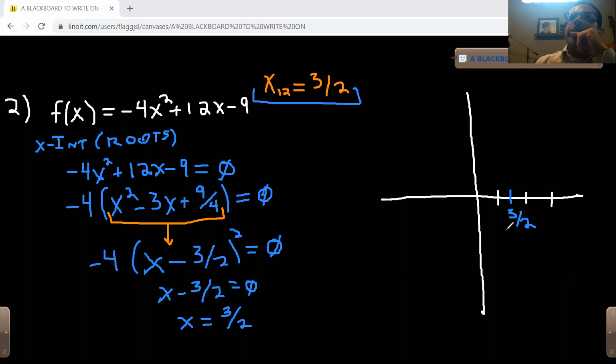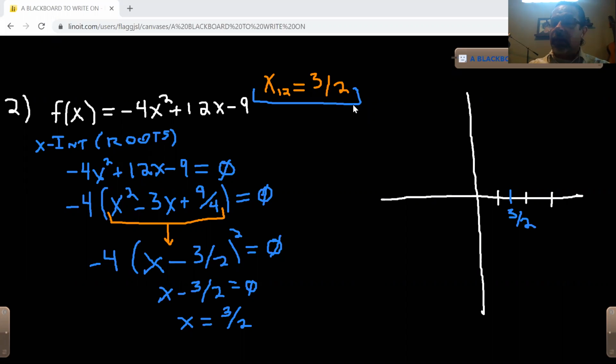Now, the x-intercepts mean that the parabola should be crossing the x-axis, but we only have one point. What does it mean when we only have one point as the x-intercept? It means that the parabola only touches at that point, and there's only one place where the parabola can touch, and that is the vertex.